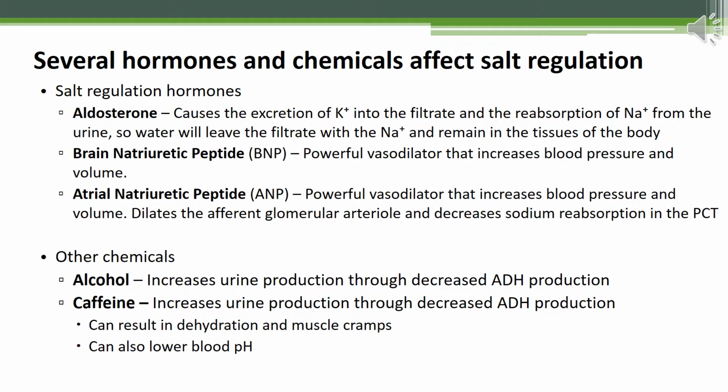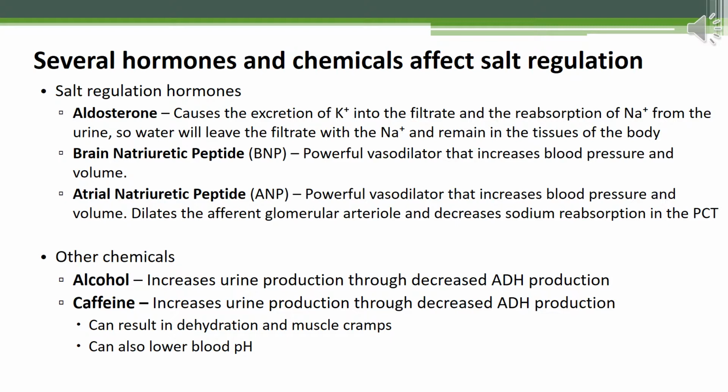It can also cause us to have a lower blood pH, and this is actually the reason why it's not a good idea to exercise and then have a soda, because first of all, exercise will lower your blood pH, and then having a beverage with caffeine in it will further lower it, which could lead to problems.